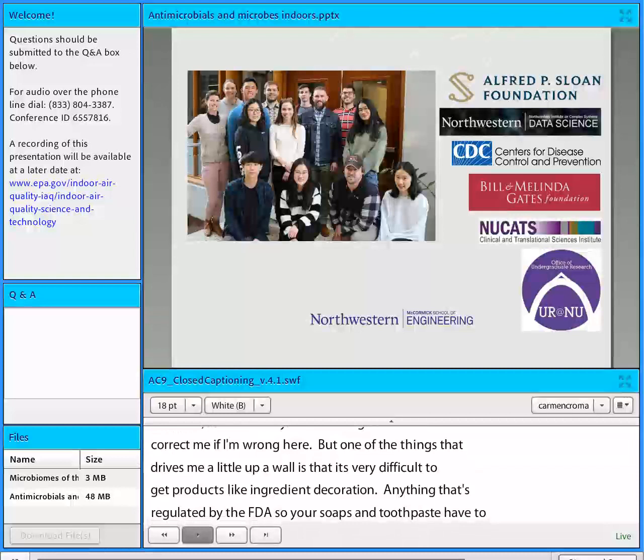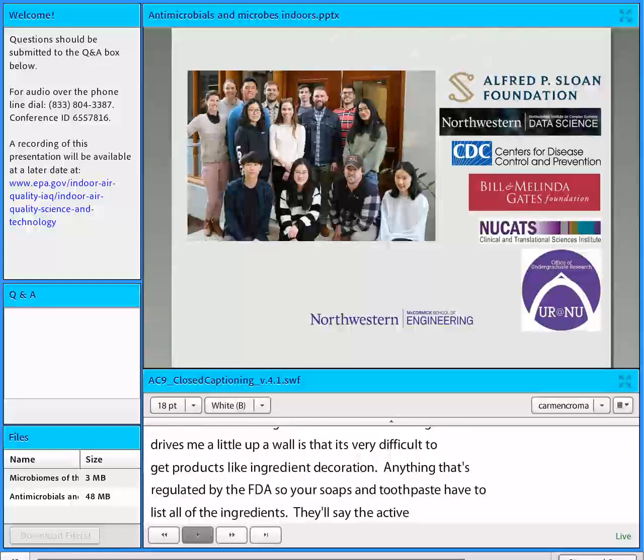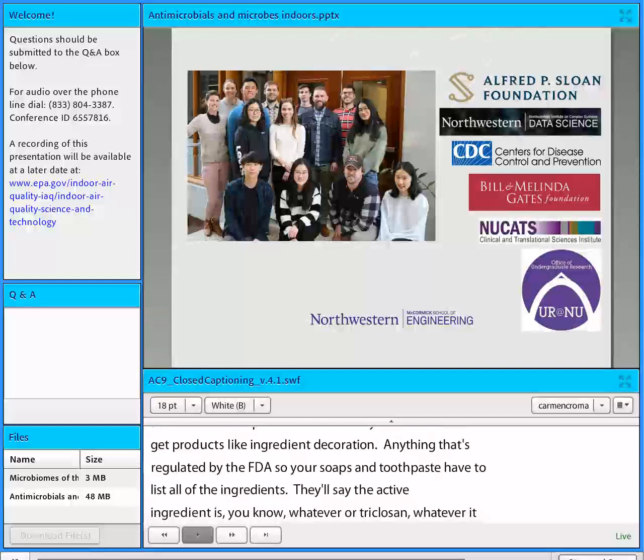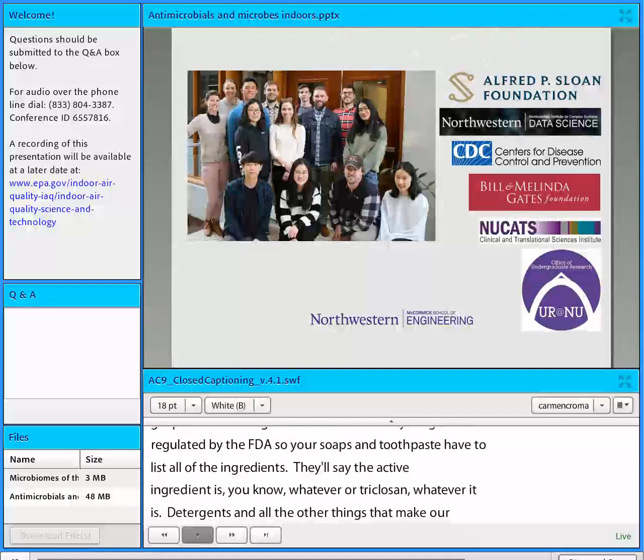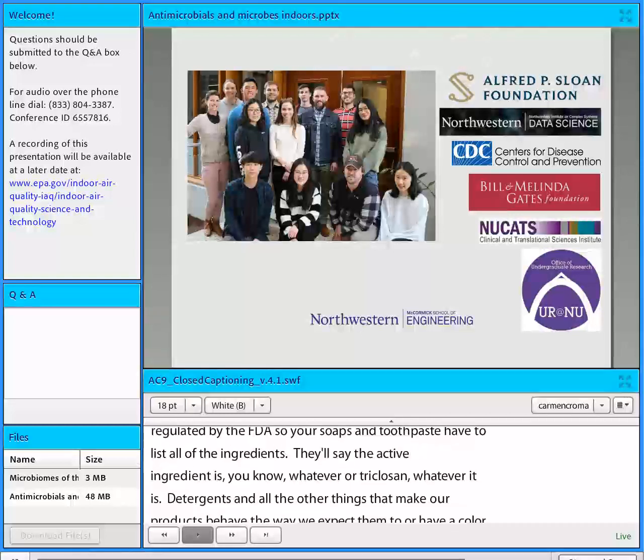And they'll say the active ingredient is, whatever, zinc or triclosan or whatever it is. And then they'll list salts and detergents and emulsifiers and all of those other fun things that make our products behave the way we expect them to or have a certain color. The same is not true, for example, for my desk.